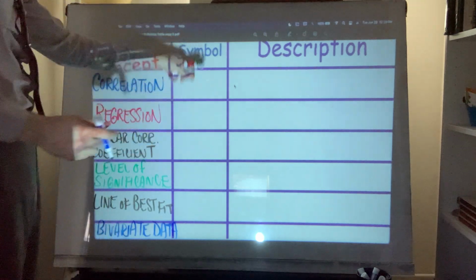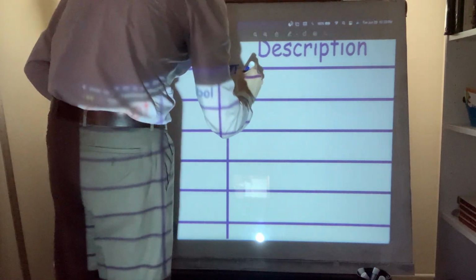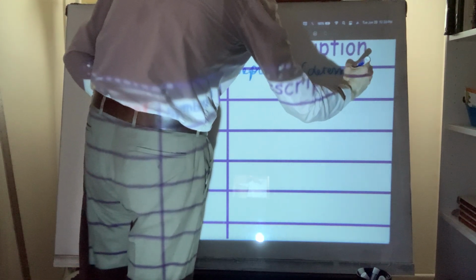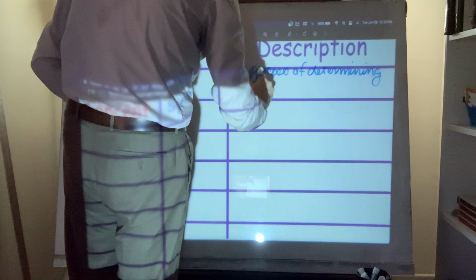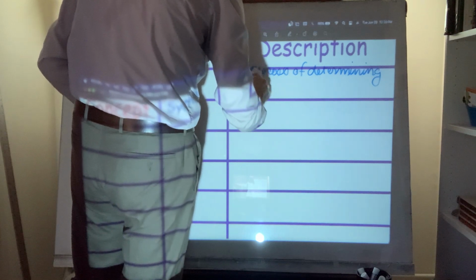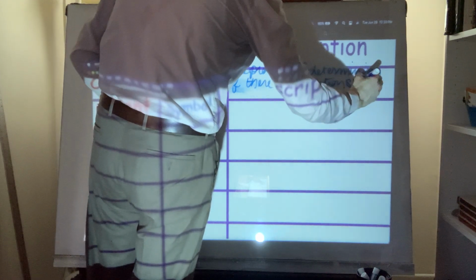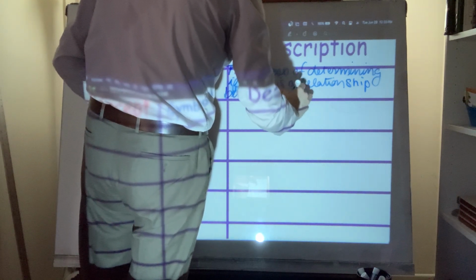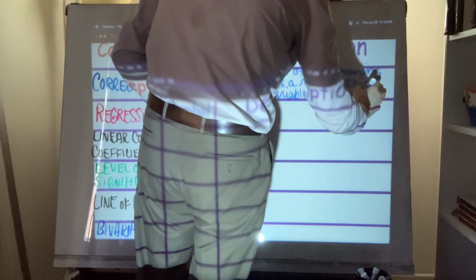Okay. Correlation, there is no symbol for this. Let me get my mouse out of the way. It is the process of determining whether there is a relationship between variables, and if so, how strong?